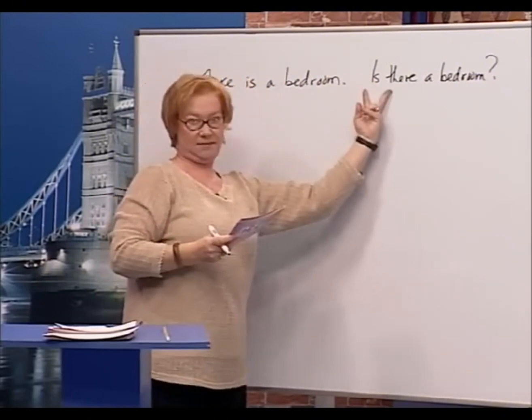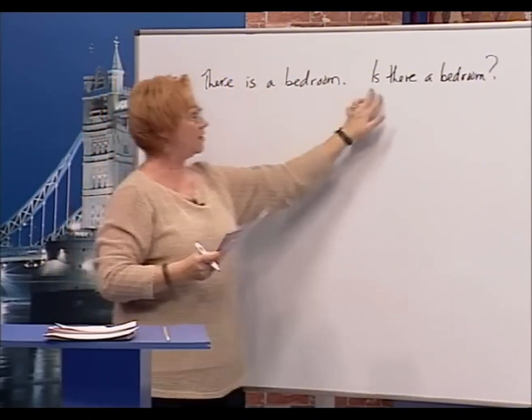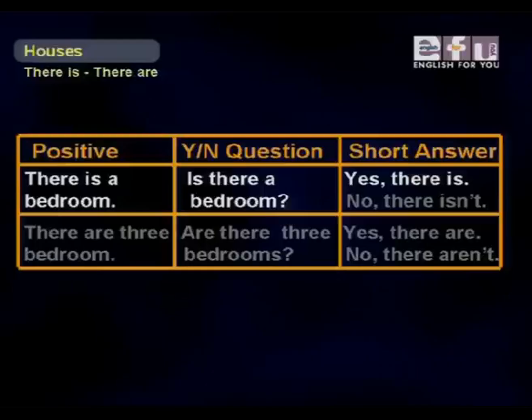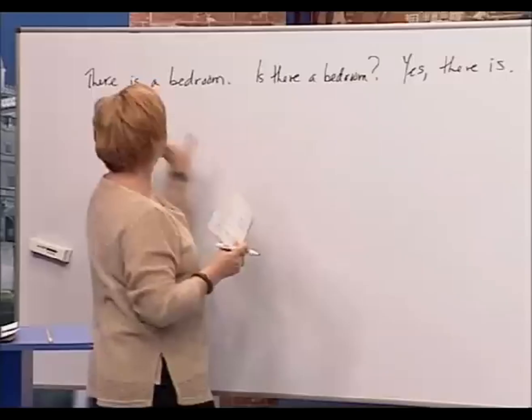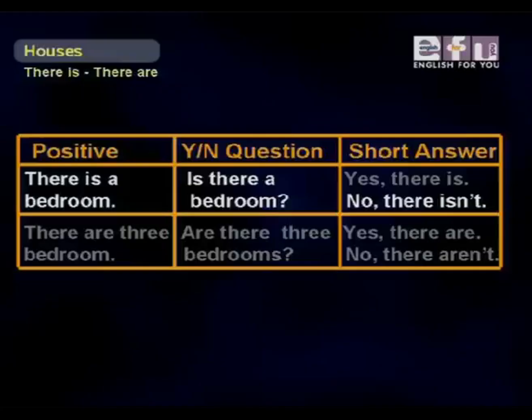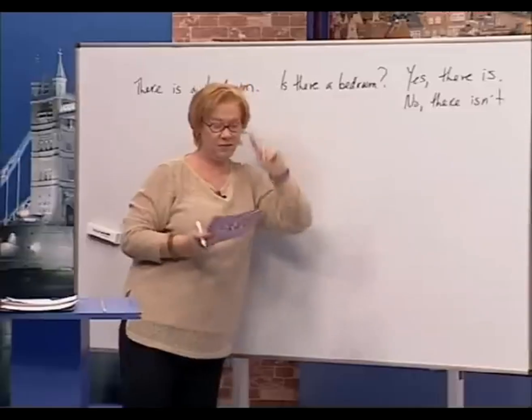See, we changed it. And like the other ones, yes, there is. Or, no, there isn't. So there's a bedroom. Is there a bedroom? Yes, there is. No, there isn't. Okay, this is for one.